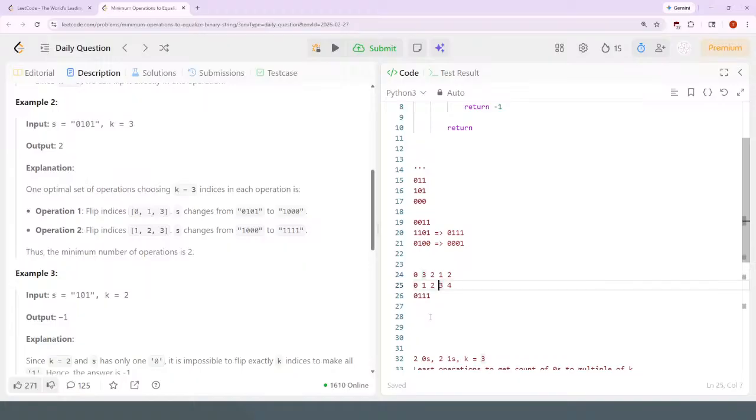So if you have 3 ones, or if you have all zeros, one step is going to go to, what does this 3 represent? This 3 represents the number of, am I doing this in the backwards fashion? 0 is the number of zeros. 3 is the number of zeros.